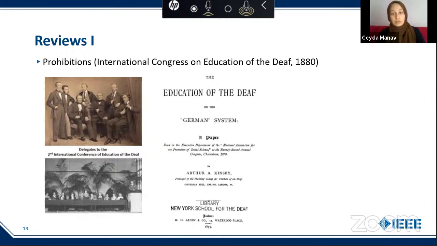In fact, although Turkish Sign Language is a very old language that dates back to the Ottoman Empire, in the International Congress on Education of the Deaf held in Milan, Italy in 1880, oral methods based on lip reading, mimicry and breathing movements were used in the education of hearing impaired individuals.